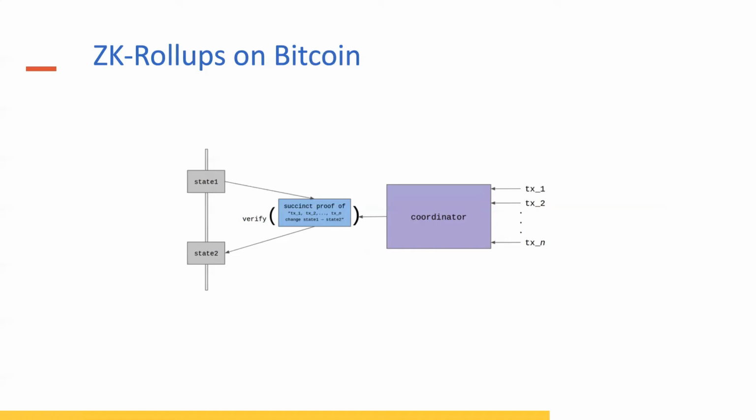zk-SNARK has two properties. One is the so-called privacy, because you can prove something is true without telling me what the secret is. The other is that it is succinct. Basically, let's say Alice computes some function, f of x, and then Bob wants to check whether the result is correct.